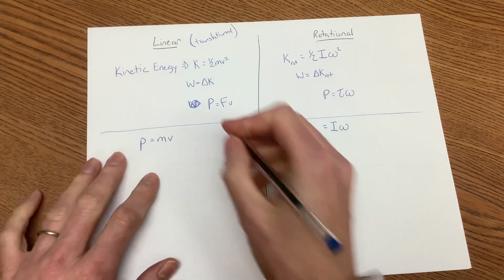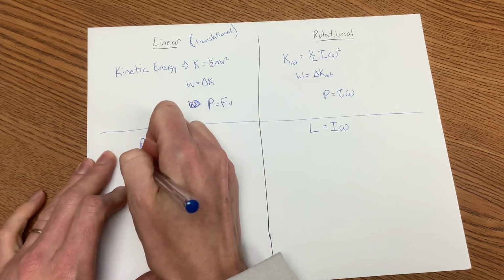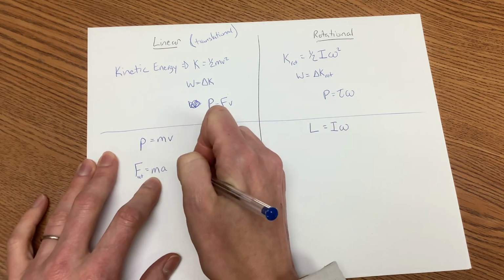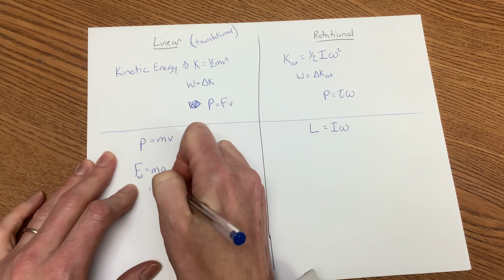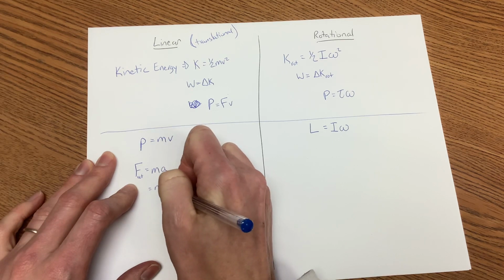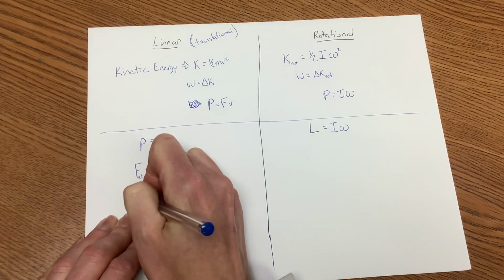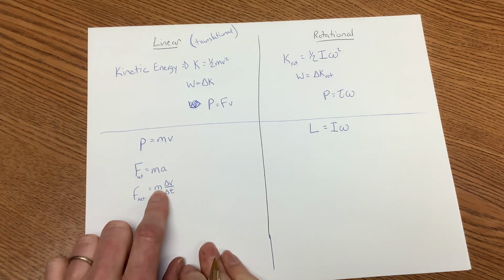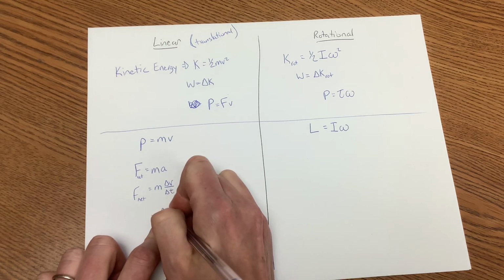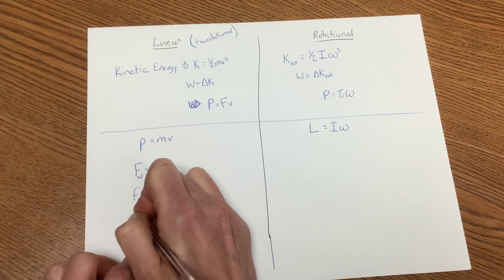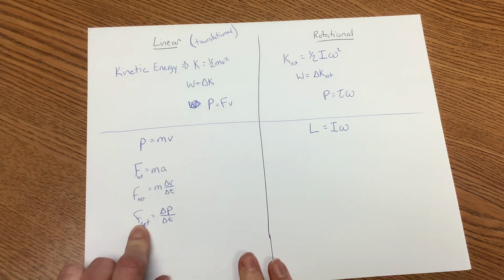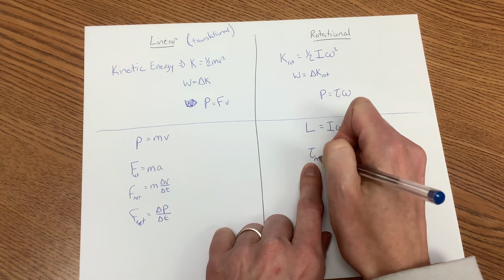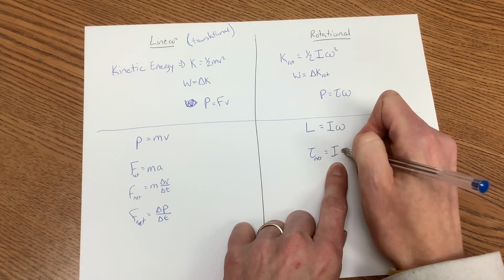And then just like we did with force, mass times acceleration, the net force, and since acceleration is the change in velocity over the change in time, you can put the mass and the delta v together on top to get the change in momentum. So the net force changes the momentum. We can do an identical thing over here. Net torque equals I times alpha.